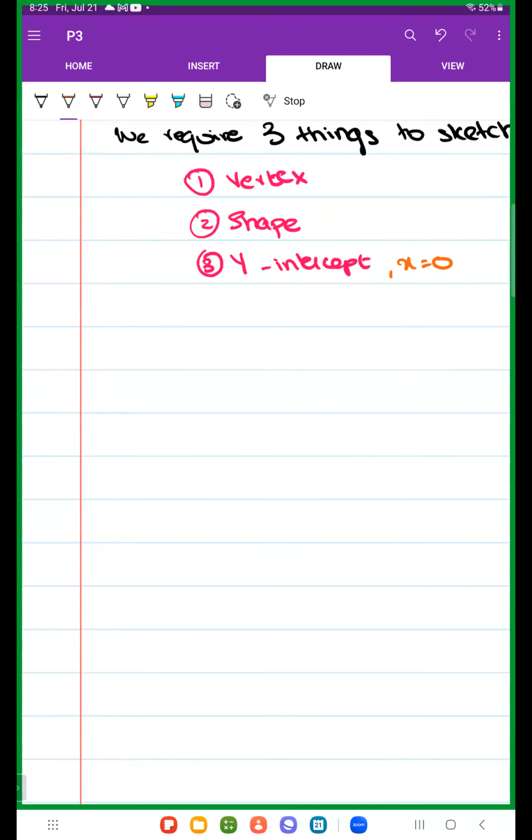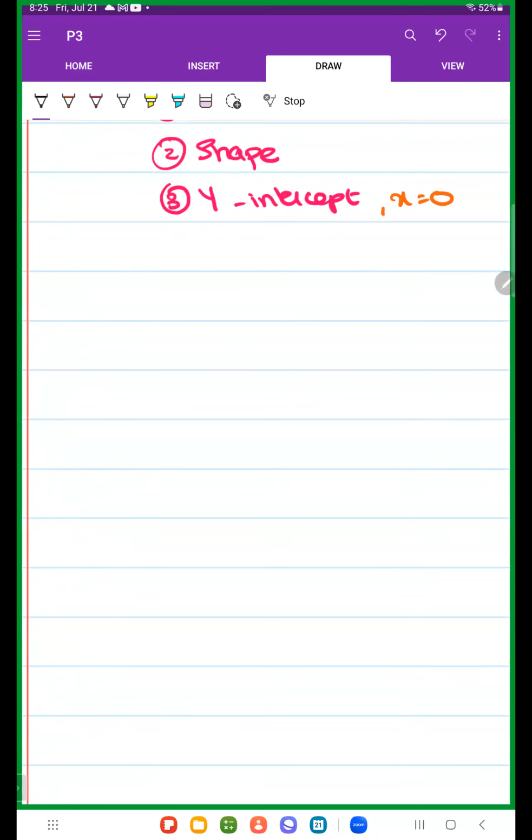Let's try to sketch a graph to have a better understanding. So for example, you have y is equal to 2|x - 1| + 3. Let's calculate the vertex in this. What will my vertex be?